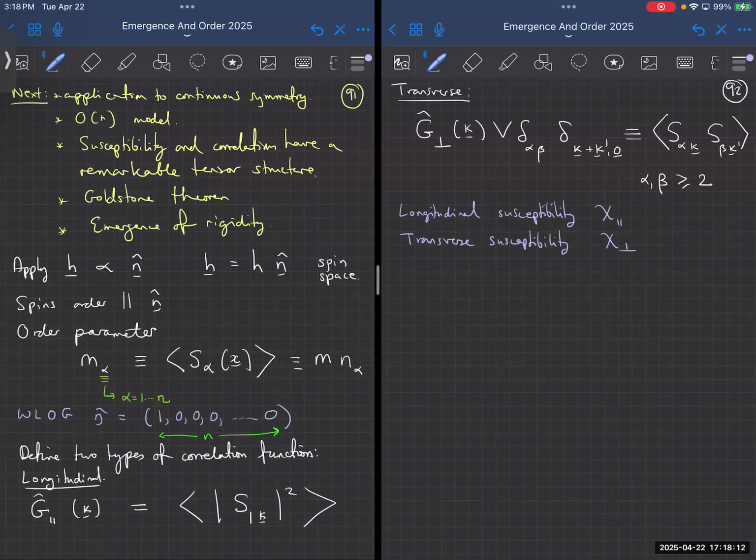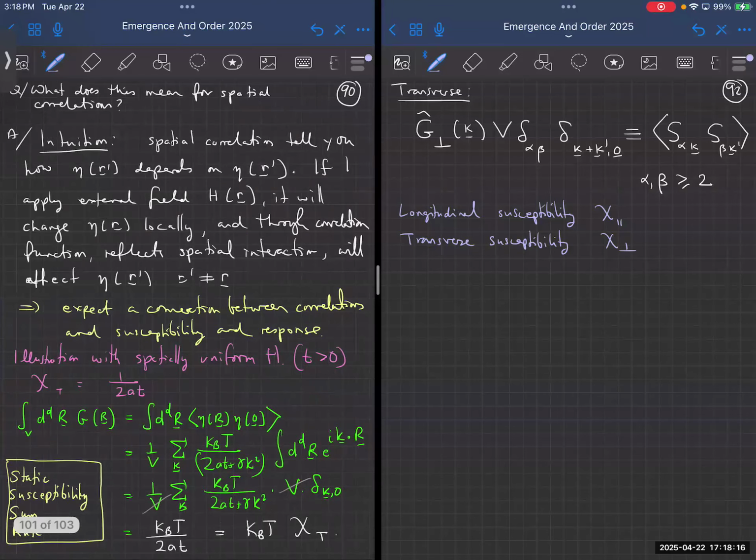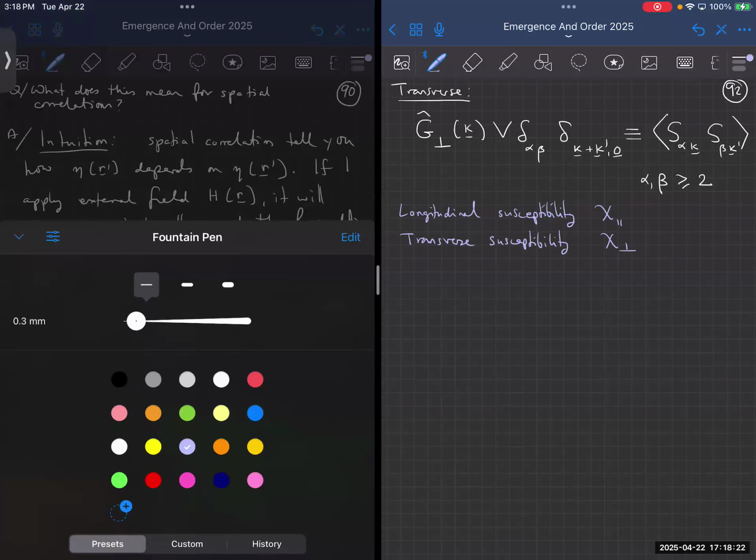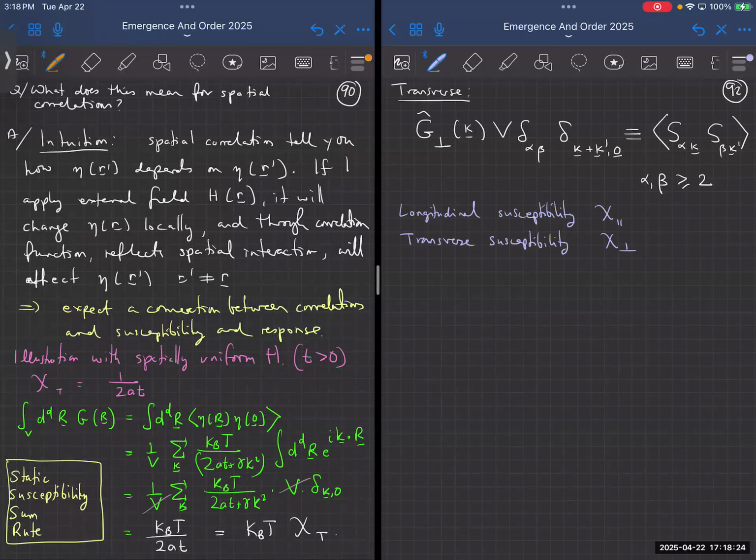And you might imagine, by analogy with what we did over here, this is the k equals 0 component of g hat of k.